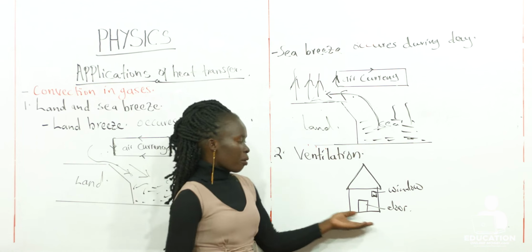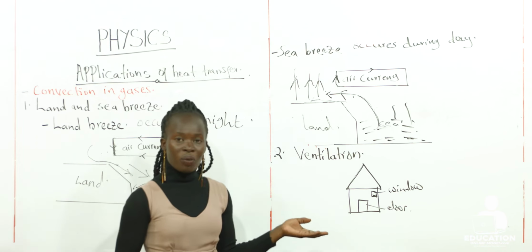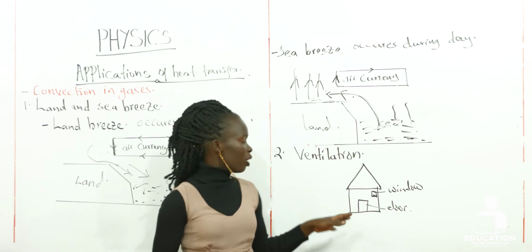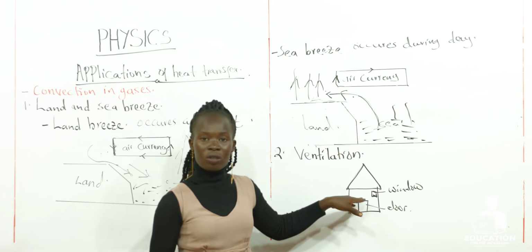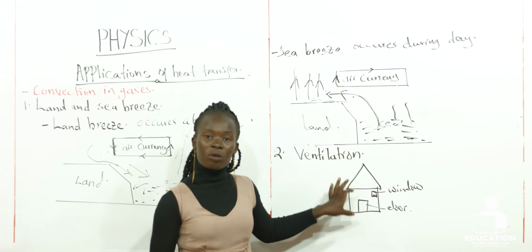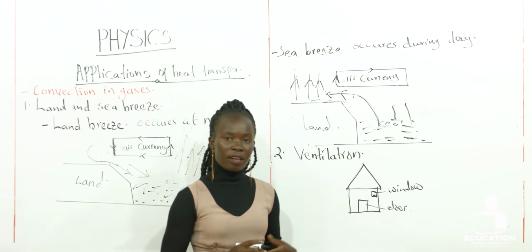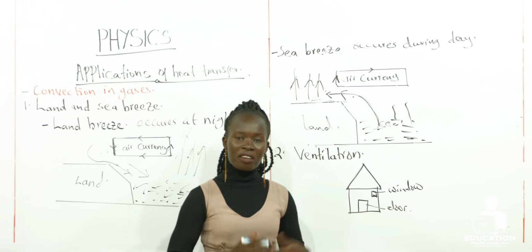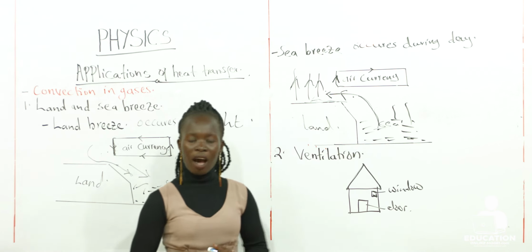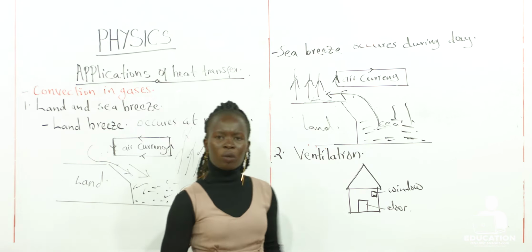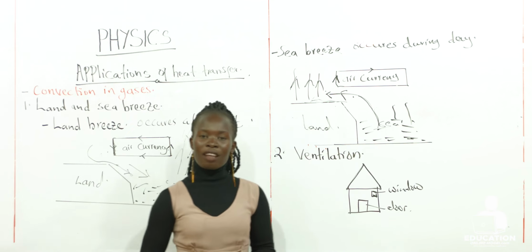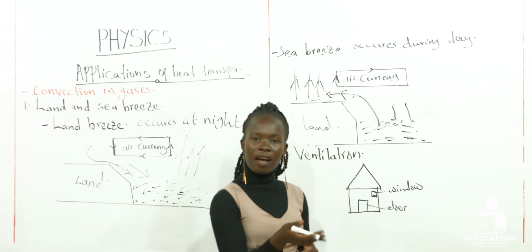Yes. For the door, we know that when you're building a house, you need a door. Why? Because you always think that the door is just for entering inside and coming outside. Why did we put the window? Is the window for you to enter also inside the house and come out?